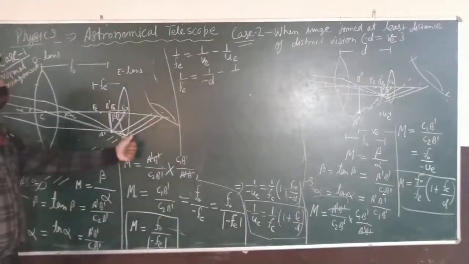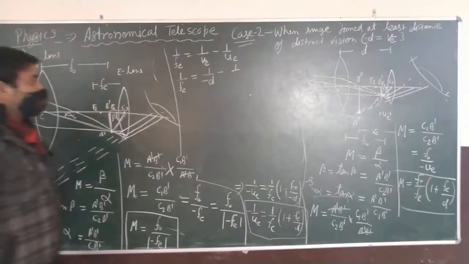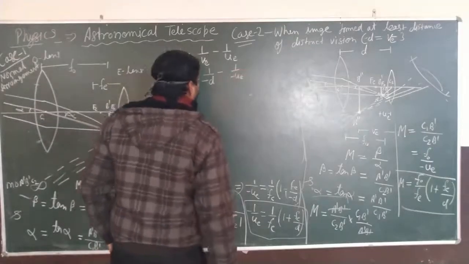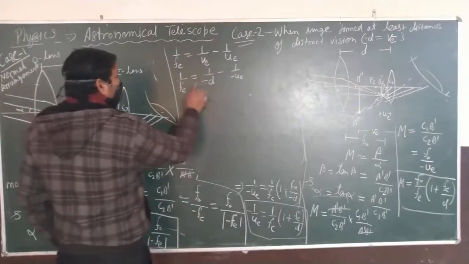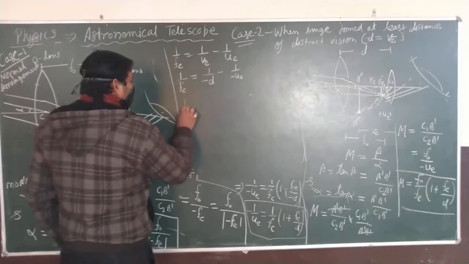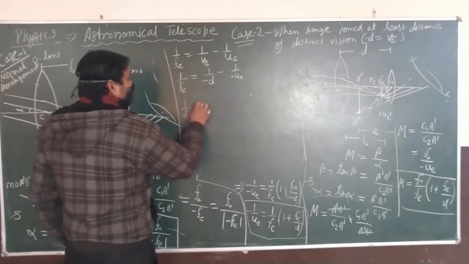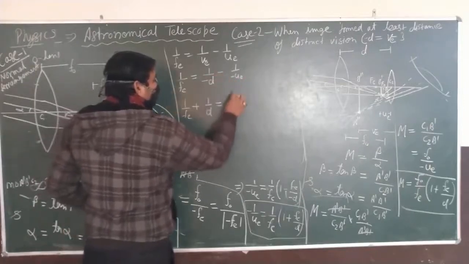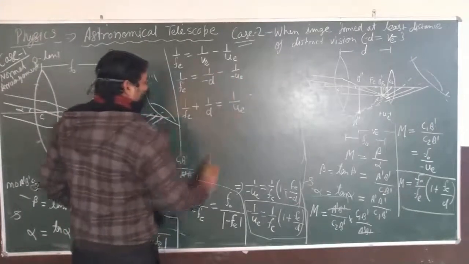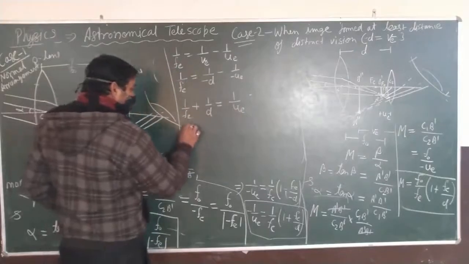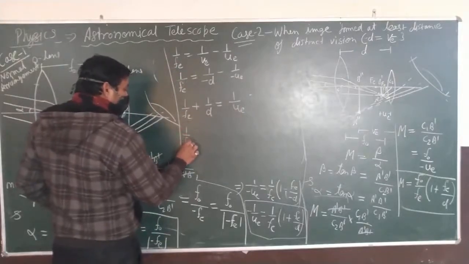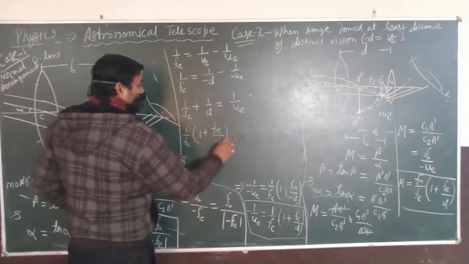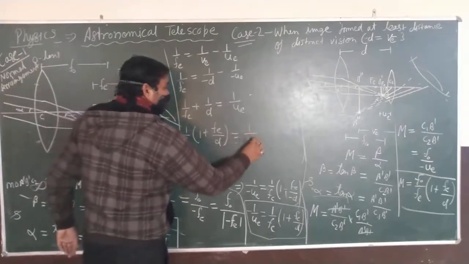UV is in the negative direction. Minus UV. Okay. Now this will be substituted here: 1 upon FE plus 1 upon V equal to minus minus plus is 1 upon UV. Then 1 upon FE is common, 1 plus FE upon V, so minus is equal to 1 upon UV.